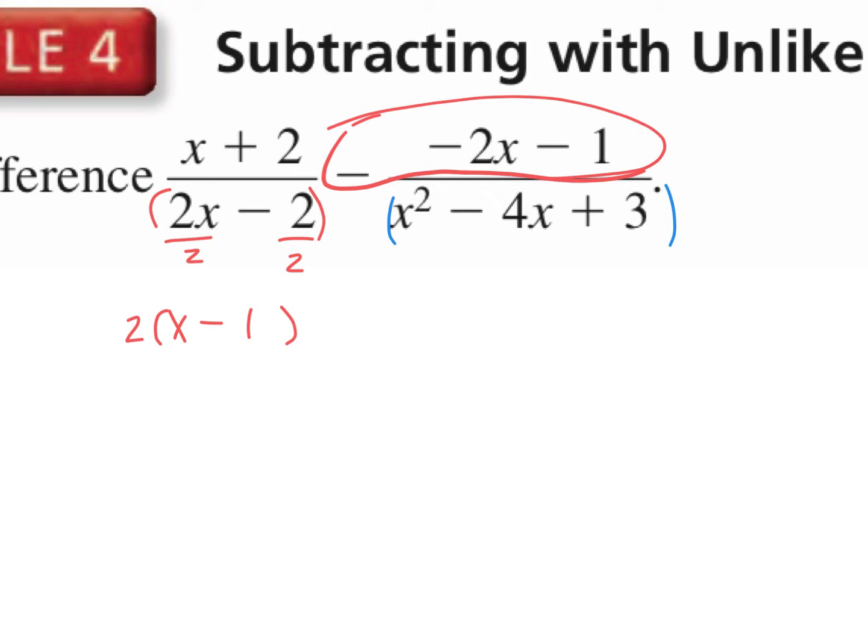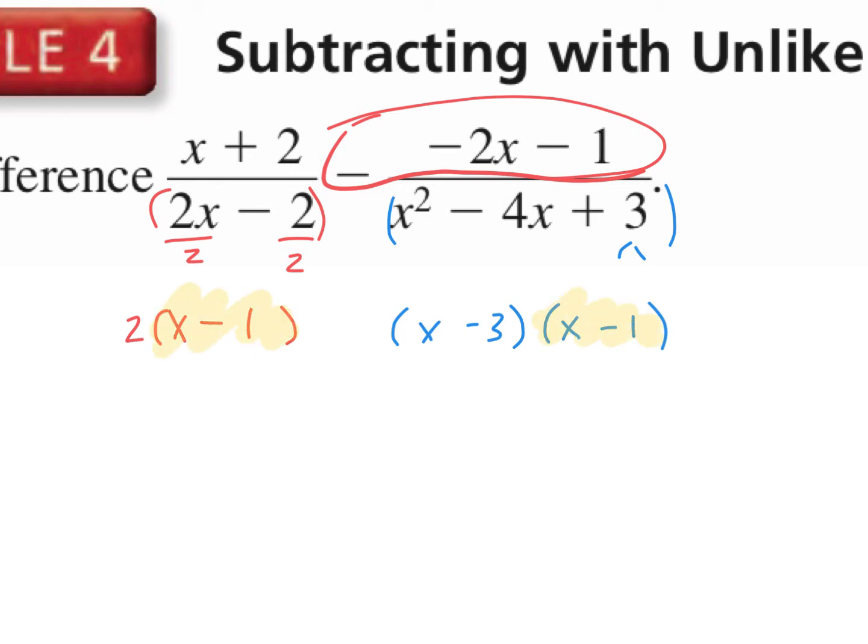Now let's factor our other denominator. It's a trinomial, so we need to ask ourselves, what are 2 factors of 3 that add to negative 4? Negative 3 and negative 1. So we have x minus 3 and x minus 1. Do we have anything in common between these 2 denominators? X minus 1.